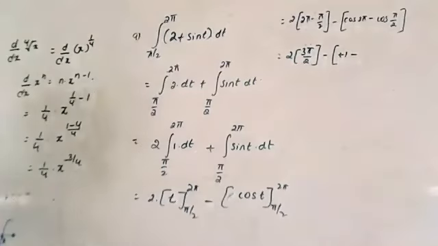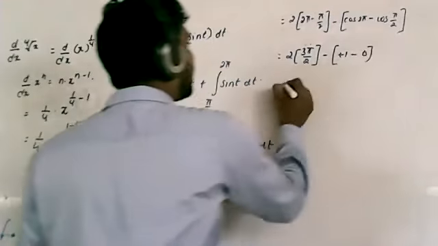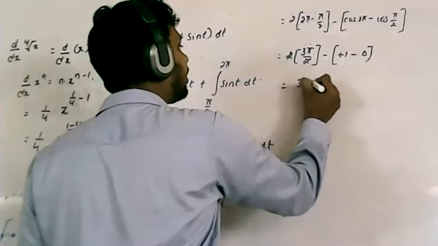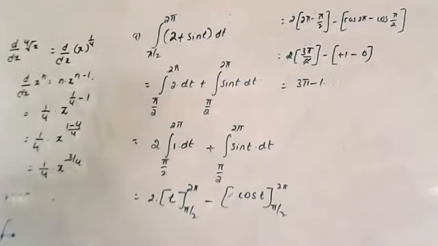Cos pi by 2 is 0. Now what is the final answer? Cancel 2 and 2. This is 3 pi minus 1. This is the answer. In your answer I gave plus 1. Please modify. Now next question.